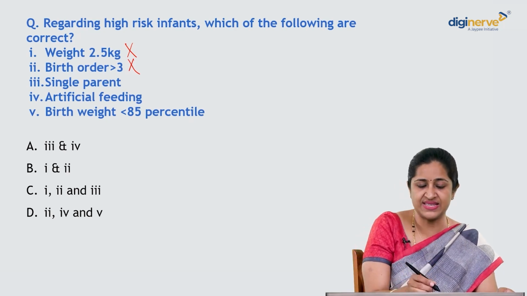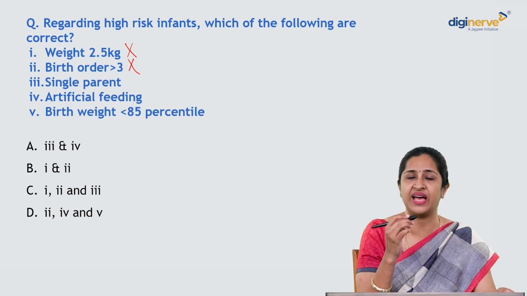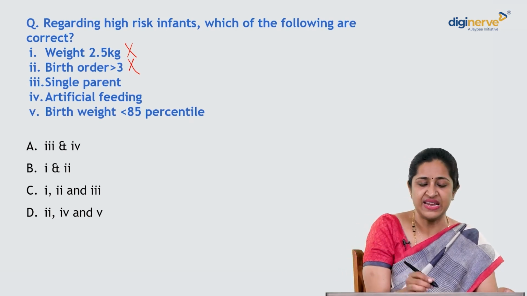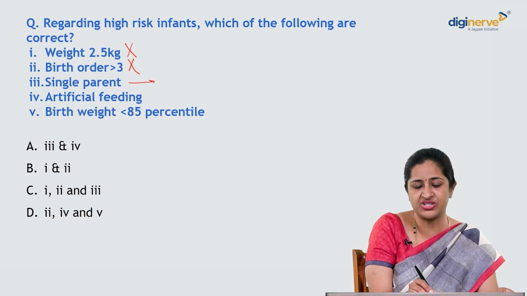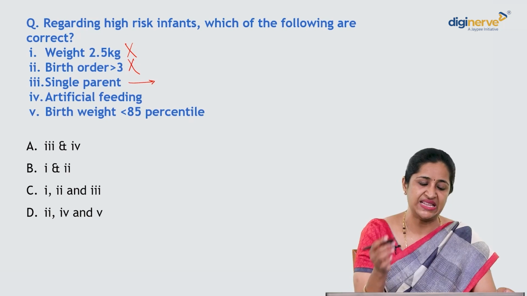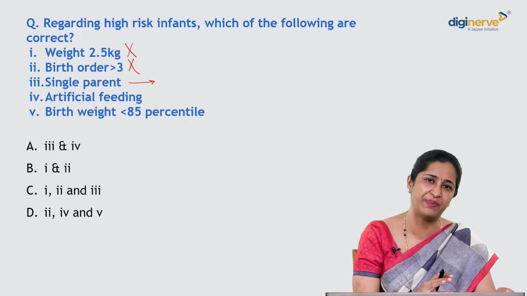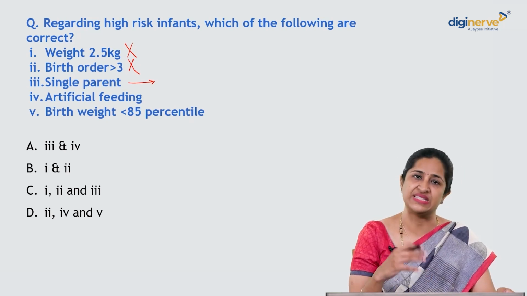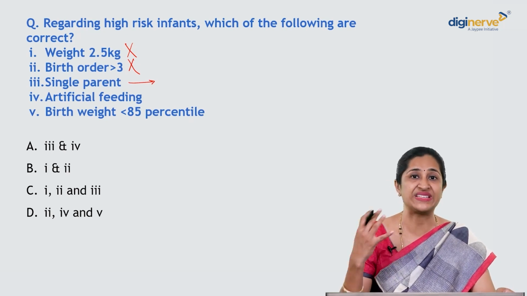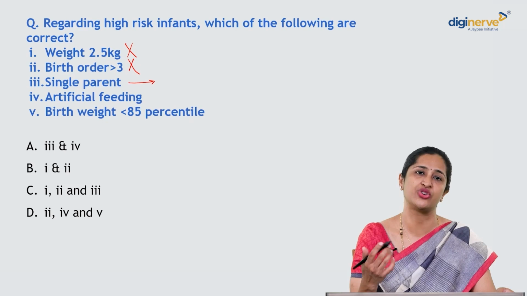So no, that's also not a high-risk situation. Single parent, yes. Single parent having a baby with no help from the other parent, this is a little difficult condition, especially as the child grows and starts to ask questions. There's a lot of burden on the single parent to bring up the child single-handedly, as well as a lot of pressure on the child to explain where the other parent is to his or her friends.